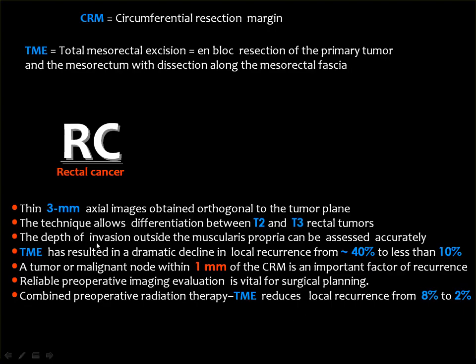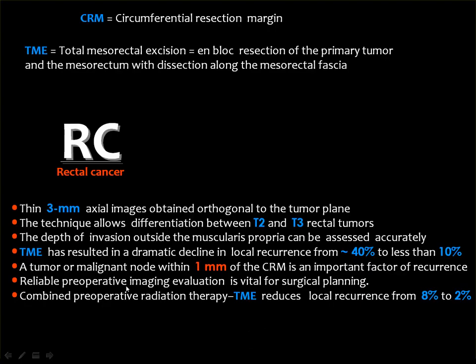The depth of invasion outside the muscularis propria should be assessed very accurately. Total mesorectal excision has resulted in a dramatic decrease in the local recurrence rate from 40% to about 10%. A tumor or malignant node within 1 millimeter from the mesorectal fascia is an important factor for recurrence.